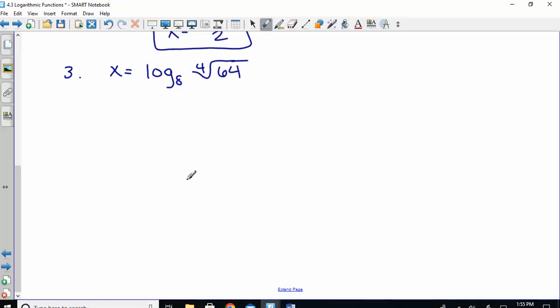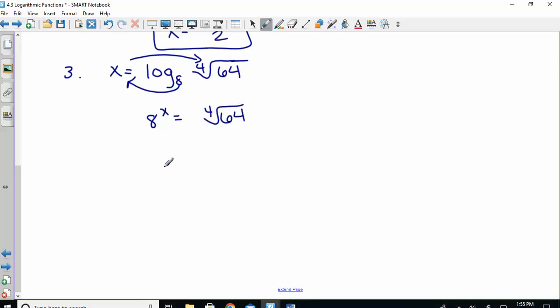Let's make that a 64. Okay, what would you do? Yeah, anytime we're dealing with logs, whether we're graphing them or solving equations, we always change them to exponentials first.